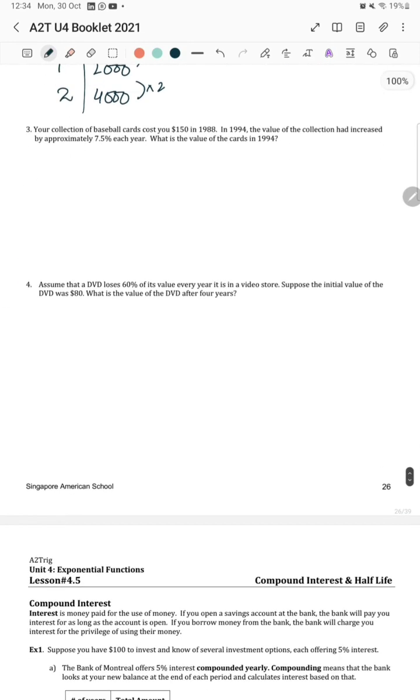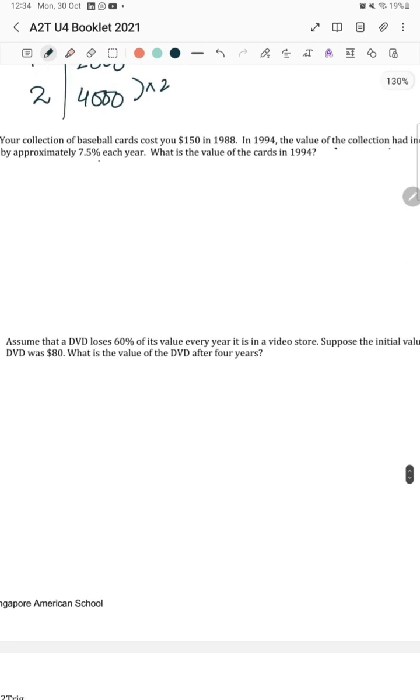Your collection of baseball cards was worth $150 in 1988. By 1994, the value of the collection had increased by approximately 7.5% each year. So how many years from 1988 to 1994? Time is 1994 minus 1988, which is equal to 6.